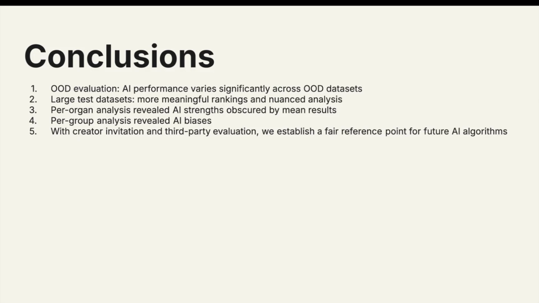For example, a model based on diffusion, a stable diffusion, was the best in some classes, but it was never the best in average ranking. So if we only focus on the average, we do not get these nuances. Per group analysis is very important because it shows biases that are hidden by the average.